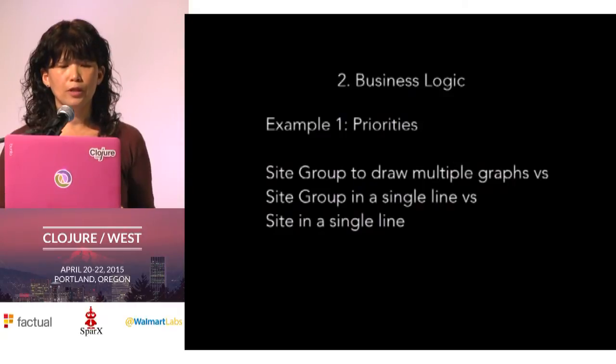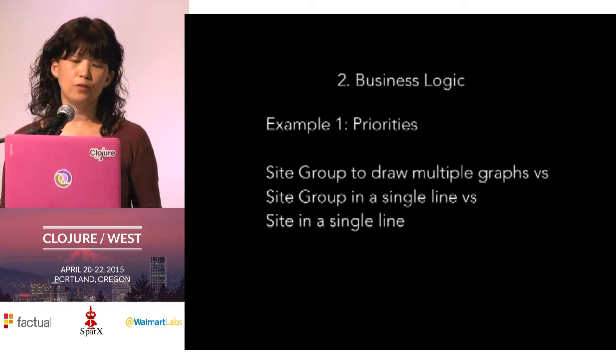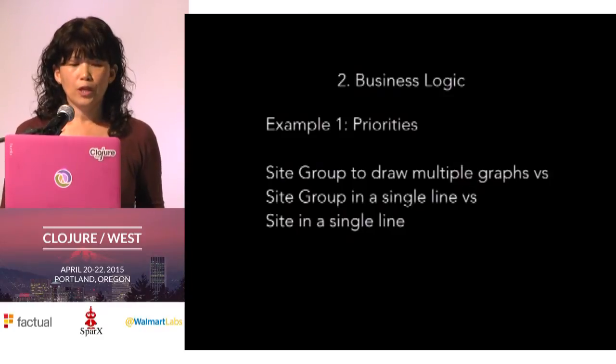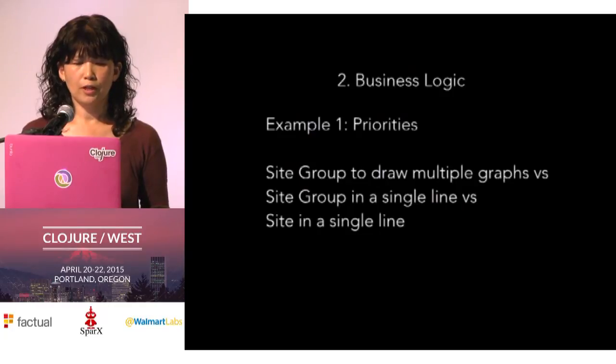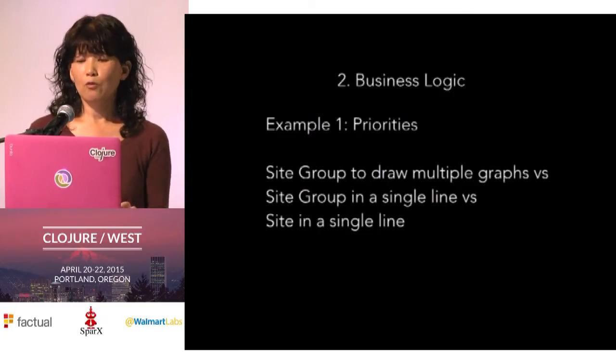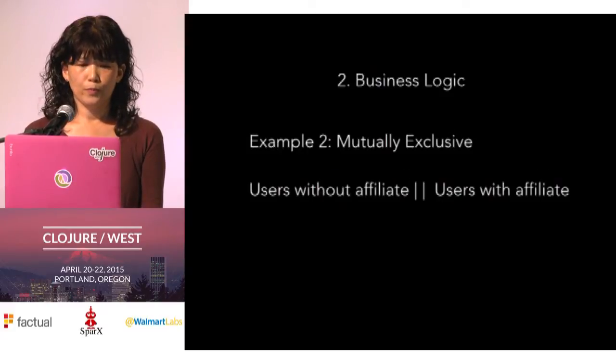Another thing we do in the filters namespace is to apply business logic related to filters. For example, we have priorities amongst site group to draw multiple graphs, site group to filter for a single line, and site to filter for a single line. Depending on their values, we either remove, modify, or add filters to generate data for a graph we intend to draw.